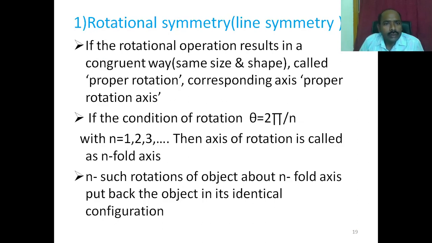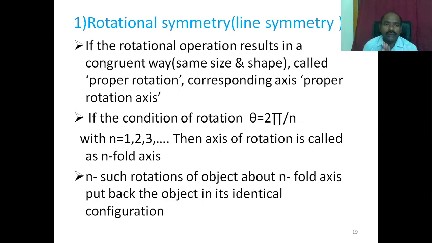That means if we rotate the crystal by some angle, that operation leaves the crystal in a similar way as earlier, the same in size and shape.